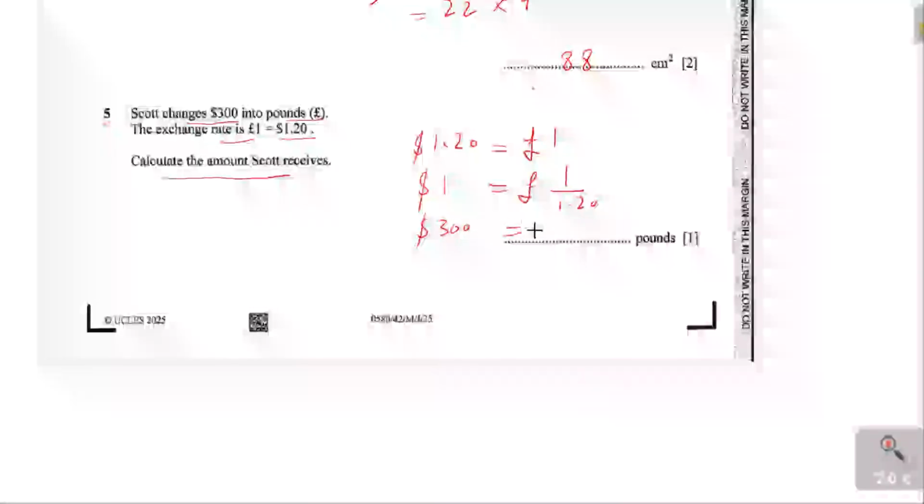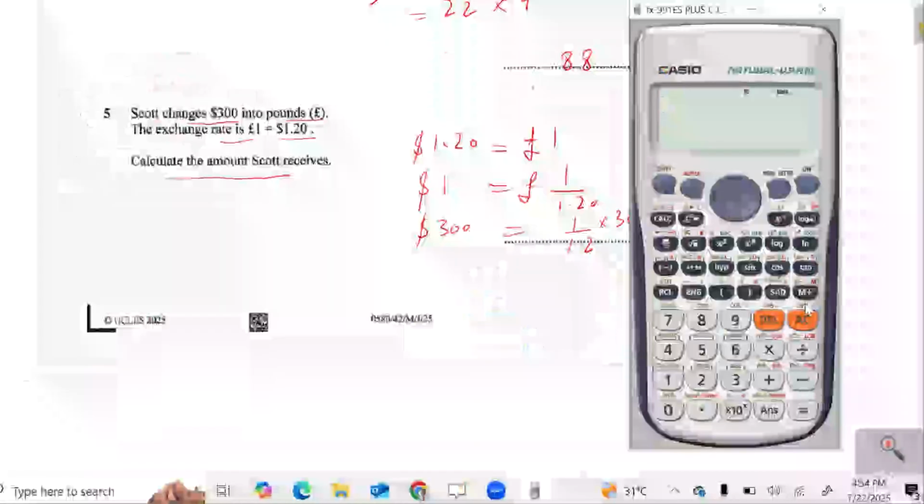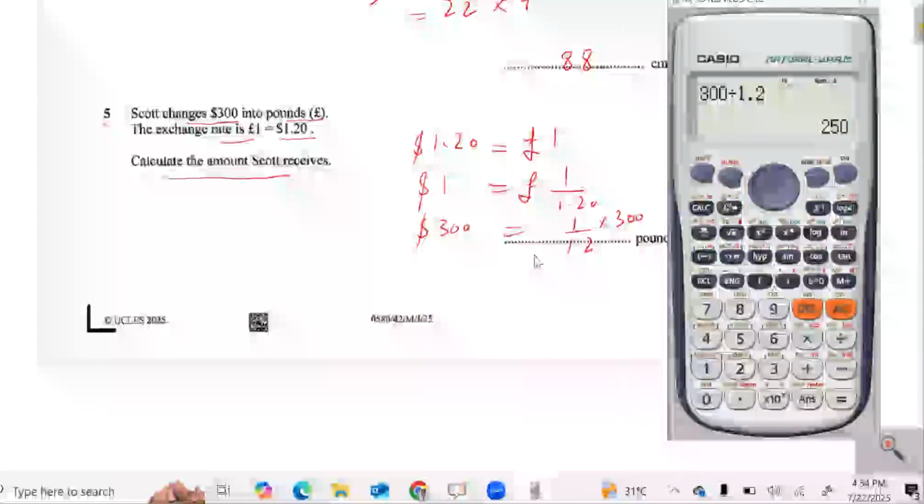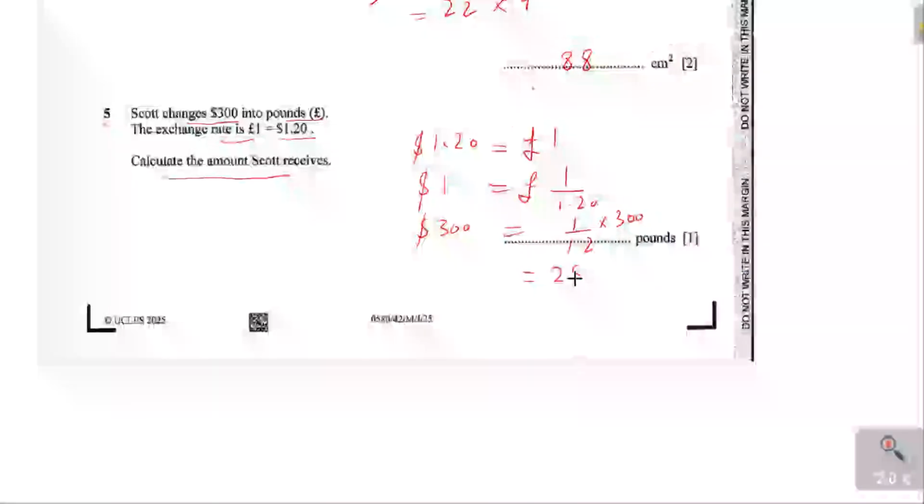Then $300 will be equal to 1 over 1.2 multiplied by 300, which is 300 divided by 1.2. This will be equal to 250 pounds, and this is the answer.